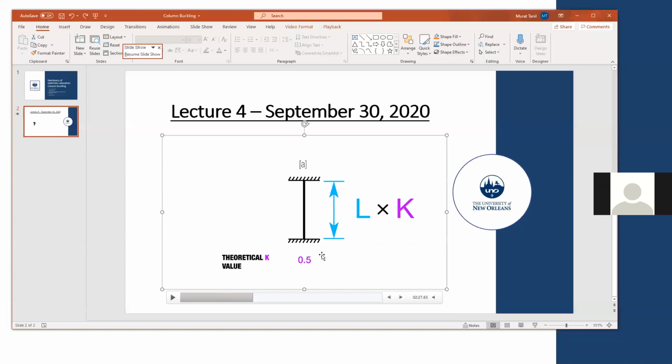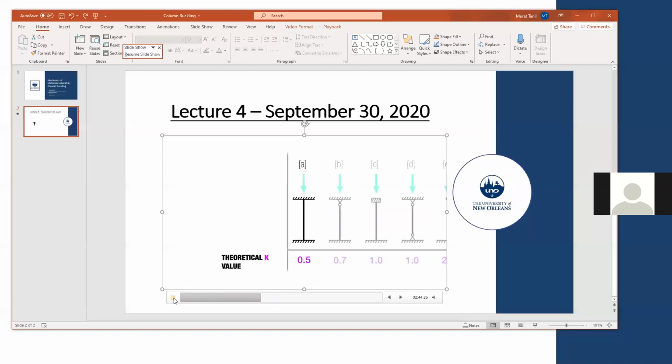So K is 0.5, and if you assume this is a 10-foot long column, you're going to multiply 10 by 0.5. This column is going to behave like a 5-foot column. This is exactly how it's going to behave.